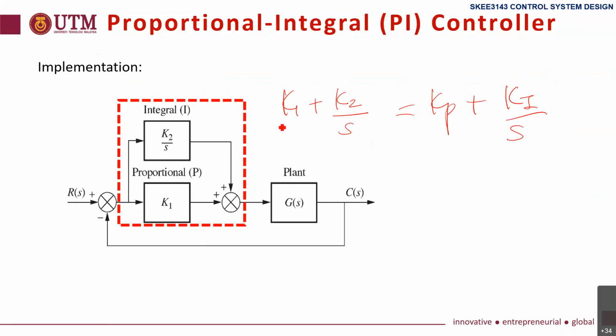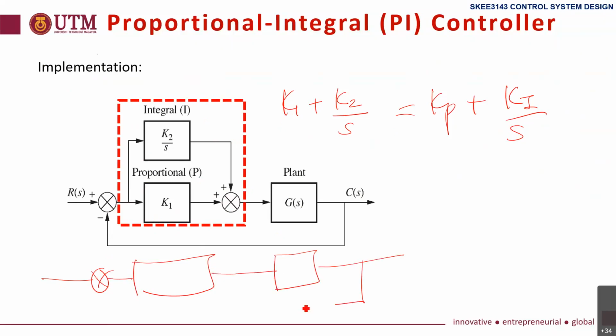Normally if we want to further detail out PI controller, we draw this block diagram. Otherwise, it's just like this, G_PI. KP plus KI over S is here. Or if you want to detail out, it will be like this. We can separate into two blocks and they are added at the summing junction.